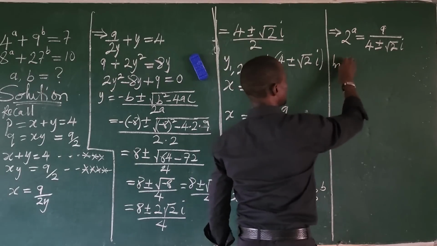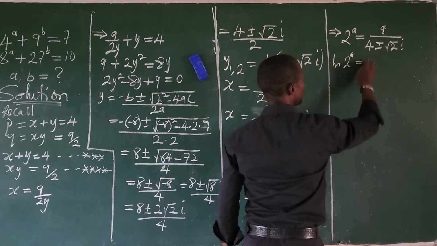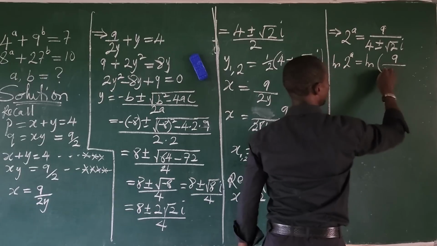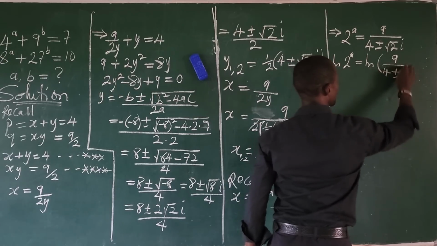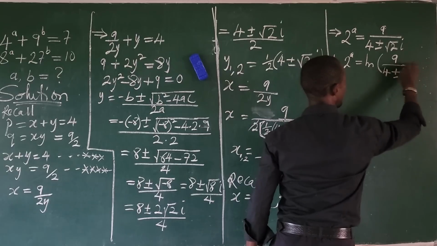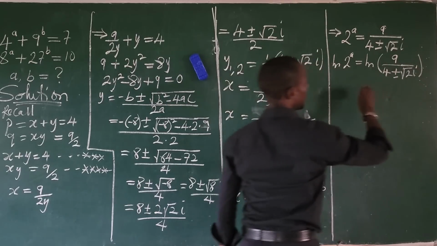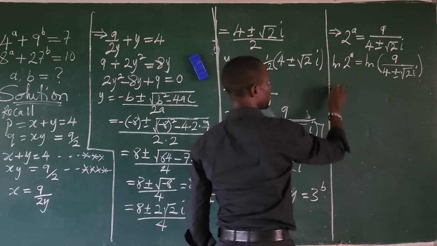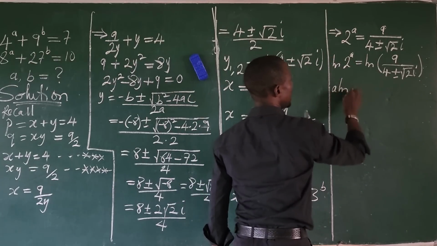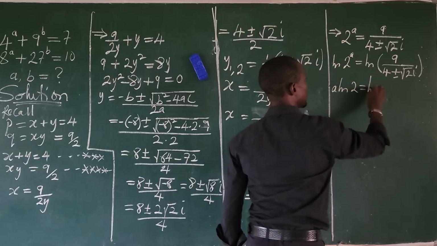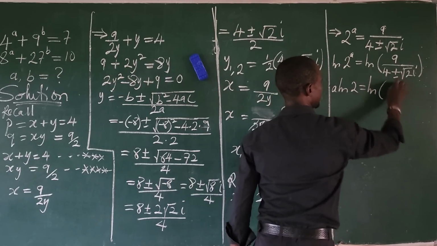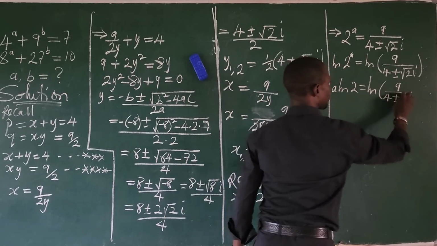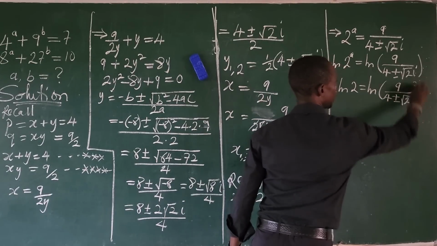So we have ln of 2 to the power of a equal to the ln of bracket 9 all over 4 plus minus square root of 2 iota. Okay? Then move this exponent backwards. So we have a ln of 2 equals the ln of bracket 9 all over 4 plus minus the square root of 2 iota.